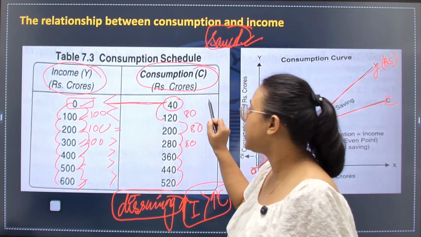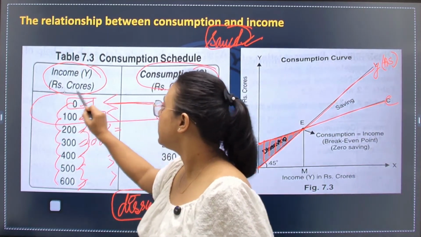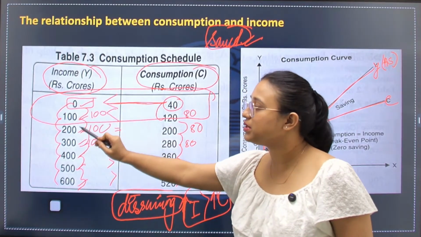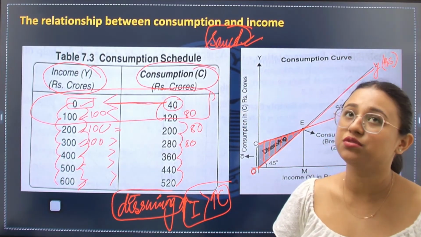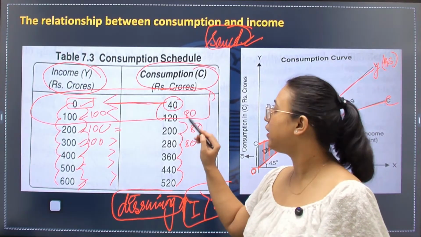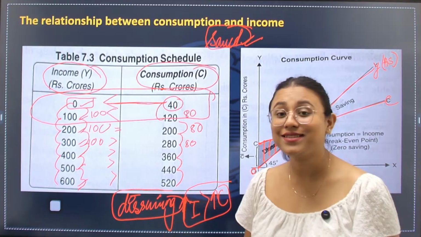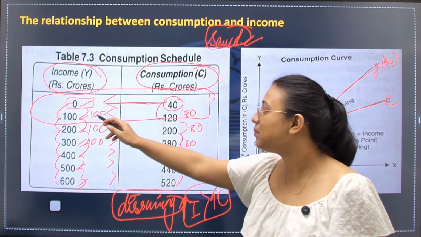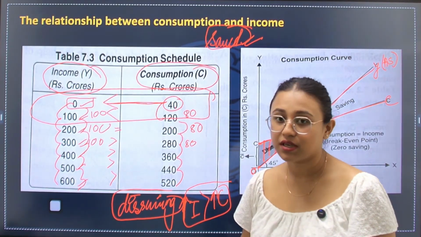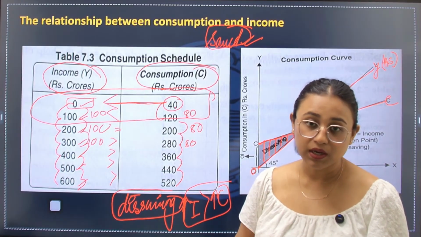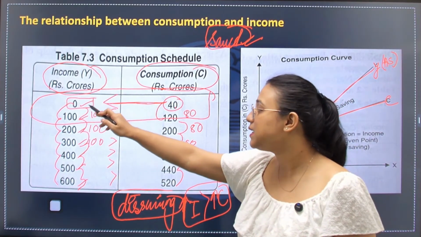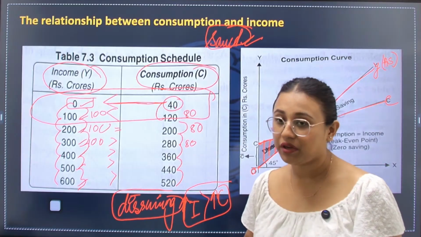Here income increases from 0 to 100, but consumption is still greater than income. Income is 100, consumption is 120, so consumption is greater by 20. Here income is 0 but consumption is 40.